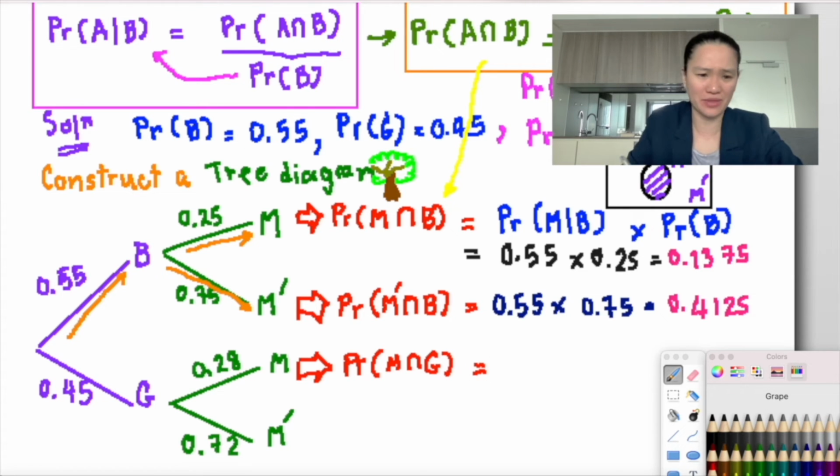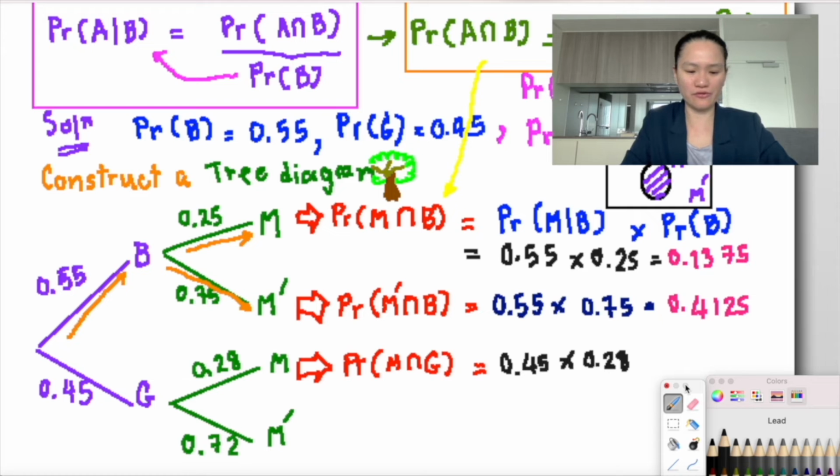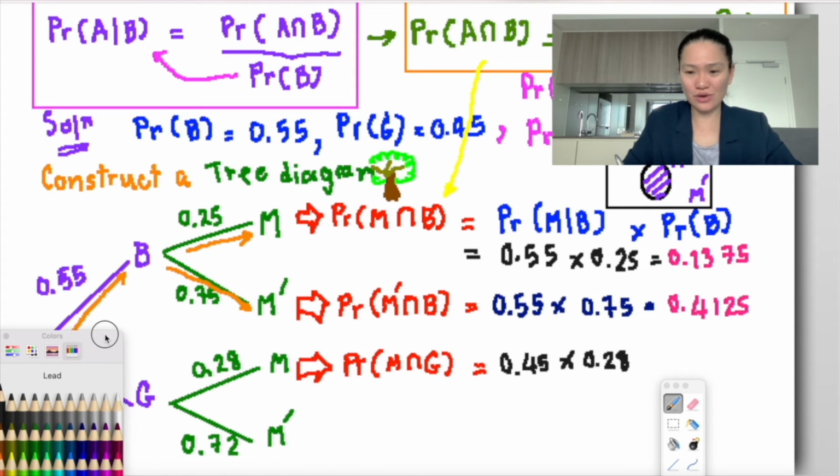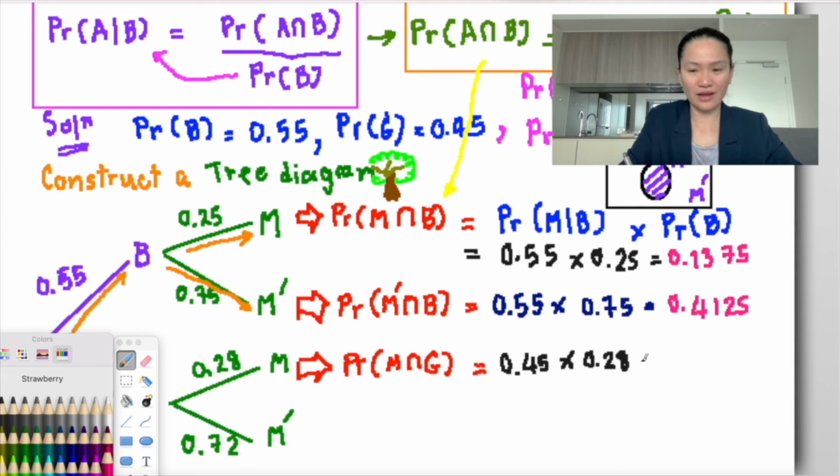We're going to do the same thing here. 0.45 times 0.28, and what is the answer here? 0.45 times 0.28 equals 0.126.